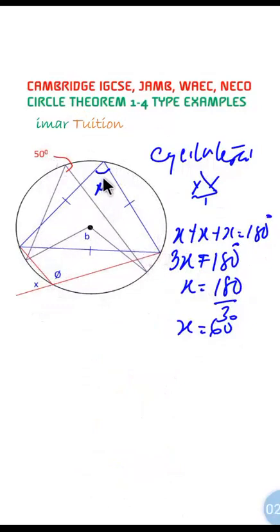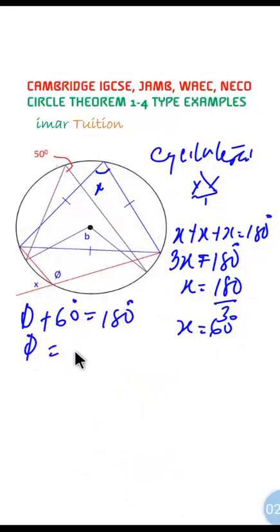Having gotten this angle, if you look at this one here, this shape is four-sided. It is a cyclic quadrilateral. And these two angles are opposite angles of the cyclic quadrilateral, and if you sum them together, it gives you 180. Therefore, phi here plus x, what is x? 60, plus 60 degrees is equal to 180 degrees.